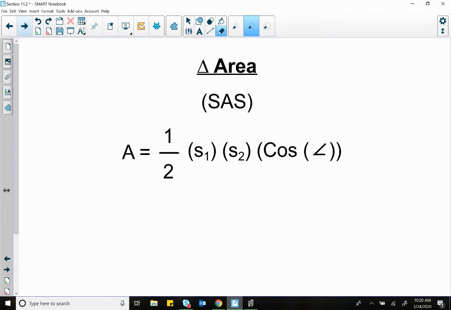All you do is you plug into it and you kick out an answer. Make sure that you round accordingly. Also remember that all area labels are squared. So if the sides are measured in inches, the answer is inches squared. If the sides are measured in miles, the answer is miles squared for area. Okay? And that is 11.2. Enjoy.